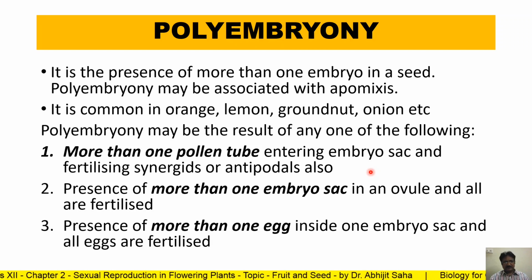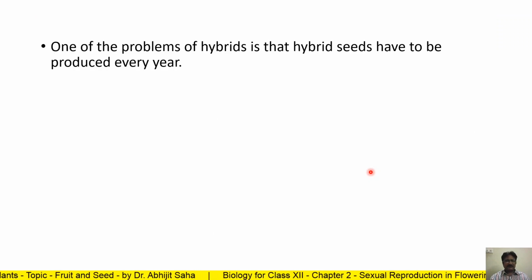Number 3, presence of more than one egg. Normally there is one egg, but for any reason, if there is more than one egg inside the embryo sac, and if all the eggs are fertilized, then that will result in polyembryony. We have discussed only 3 such, but there are many other reasons.